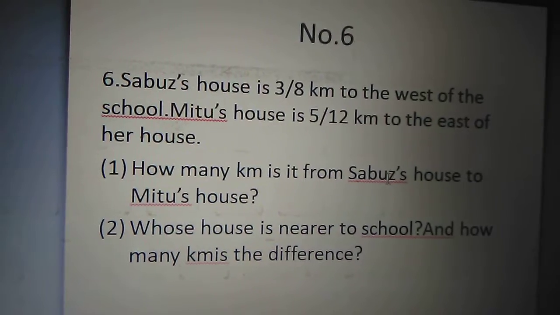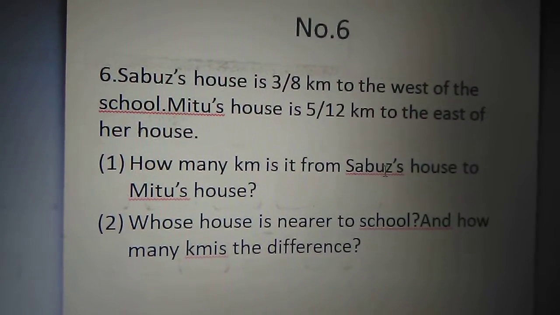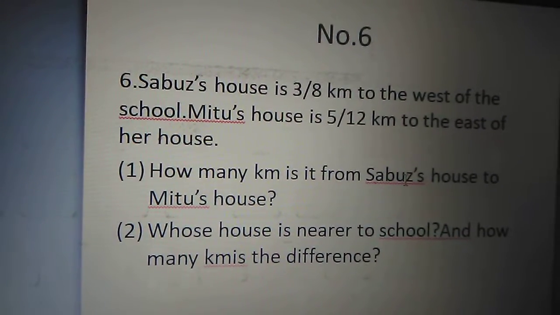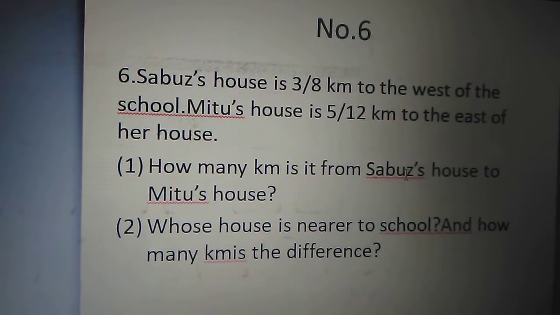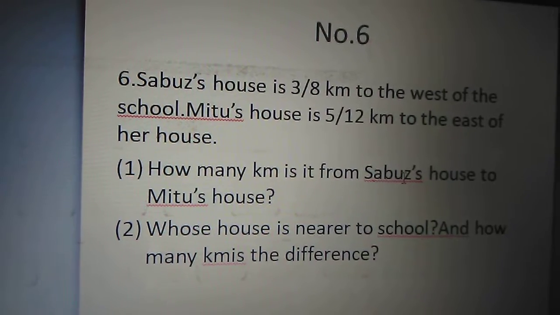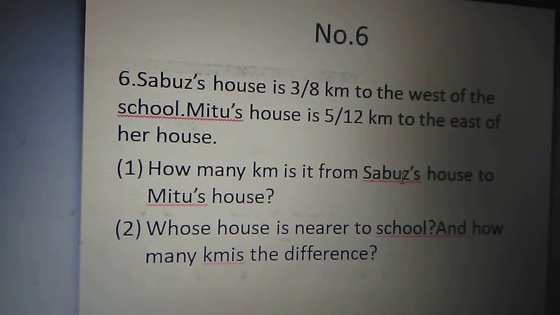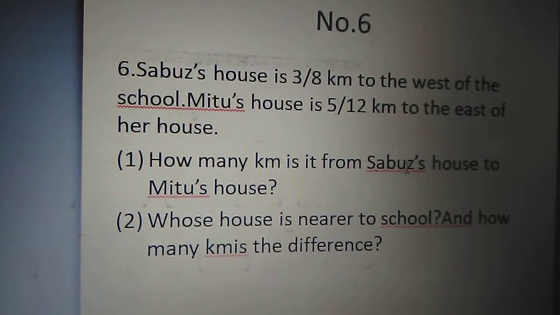Again, there is a school and the distance is given. Shobu's house is 3/8 km to the west of the school. Mitu's house is 5/12 km to the east of the school.